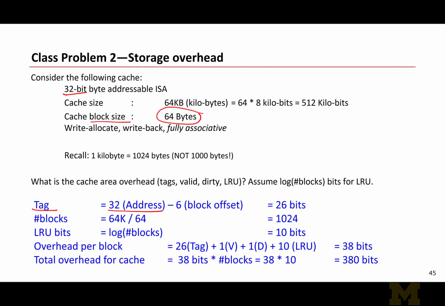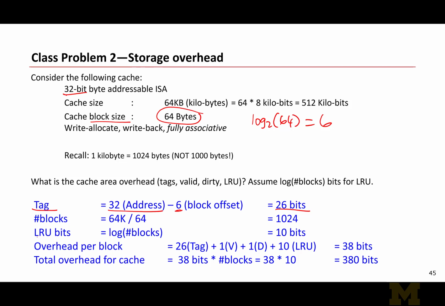If the block size is 64 bytes, then the block offset is log base 2 of 64, which is 6. So that's how you got 6 bits for the block offset. Totally for the tag you have 32 minus 6, and that is 26 bits.